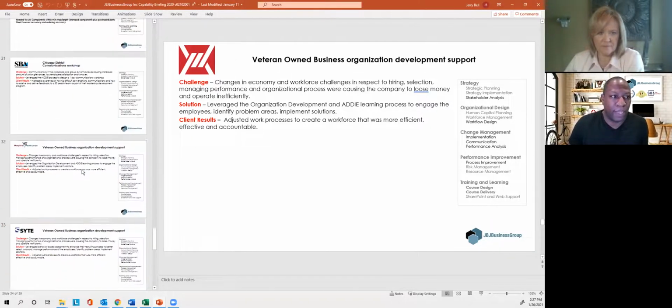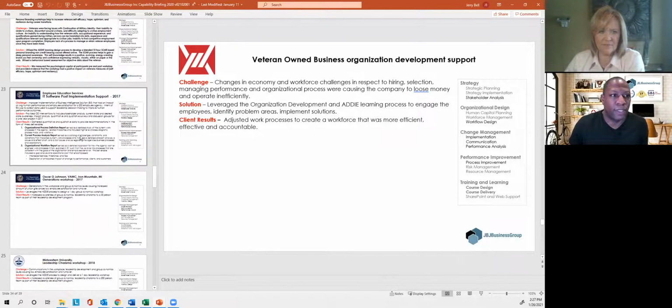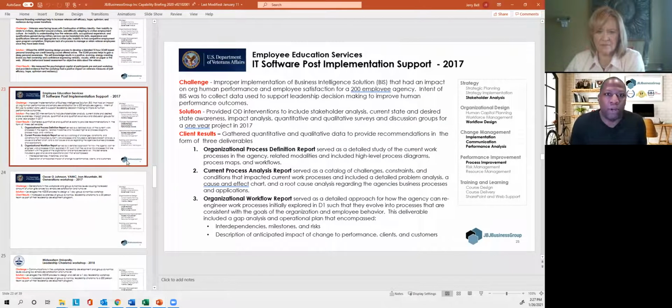And then with the VA, this was a post-implementation support. Okay. And we did some stakeholder analysis to define the current state and the desired state. And that's where I used the 5-star model. That's part of that project there. That was a 200-employee agency.